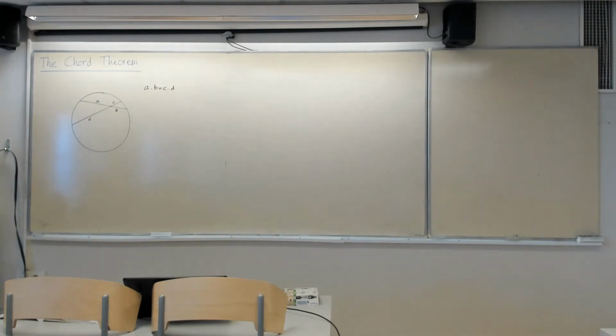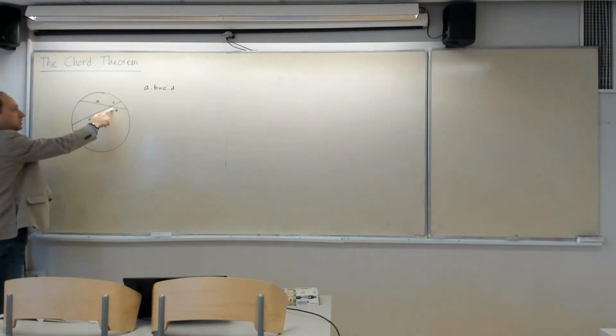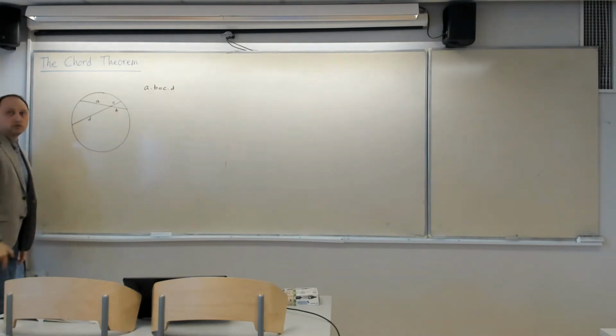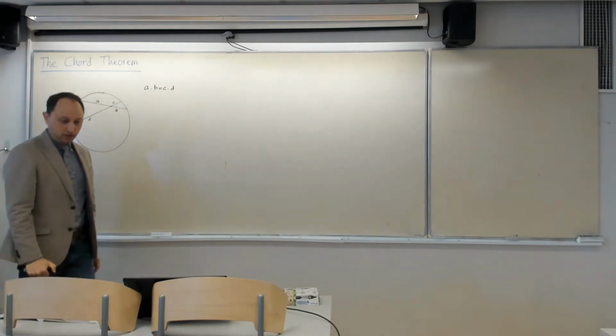So it doesn't matter how you draw these chords. As soon as they intersect, you get 4 line segments. The product of these two is always equal to the product of these two. Yes, it's a nice relation. We want to see why this is the case.